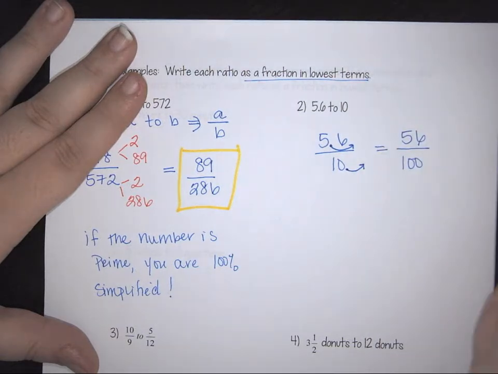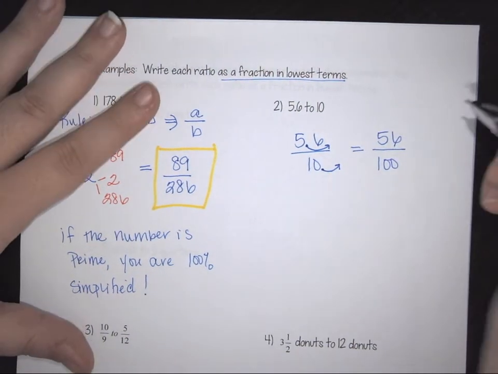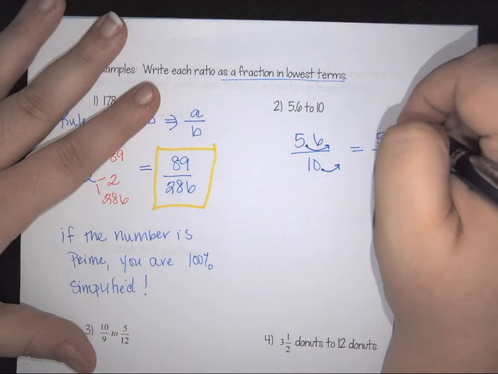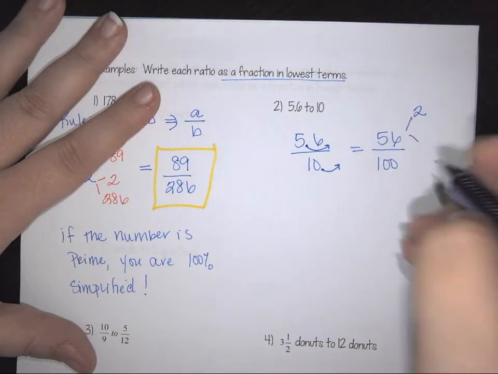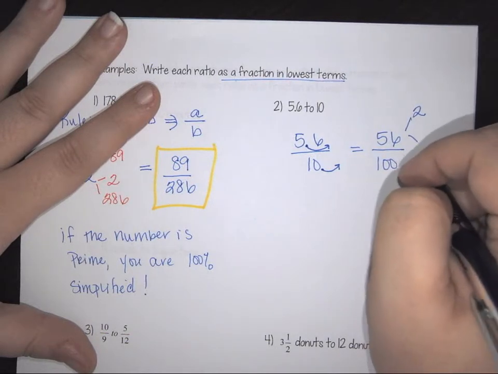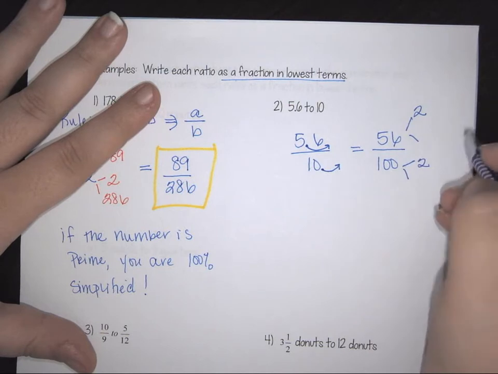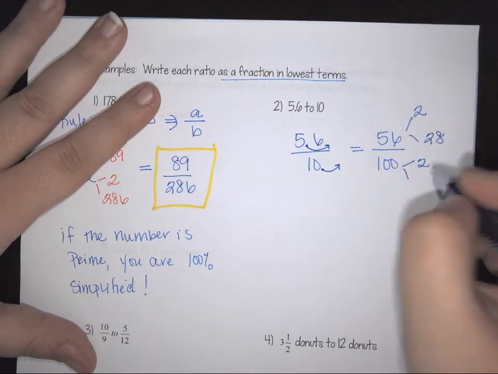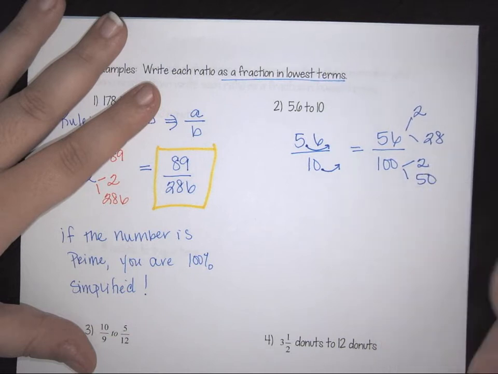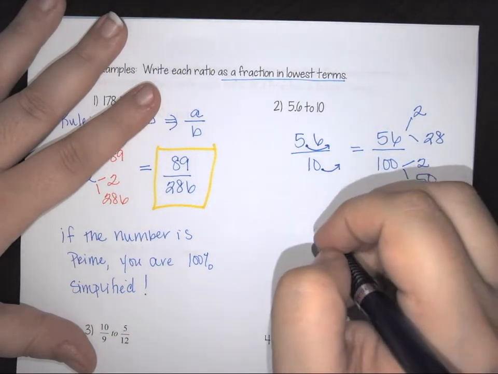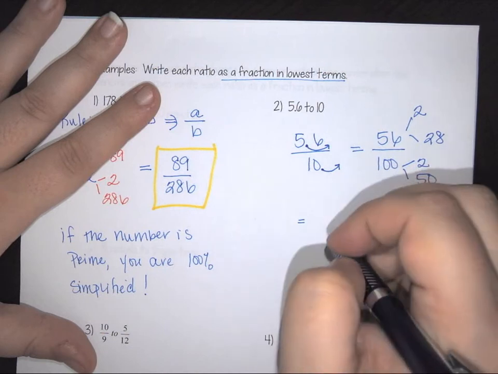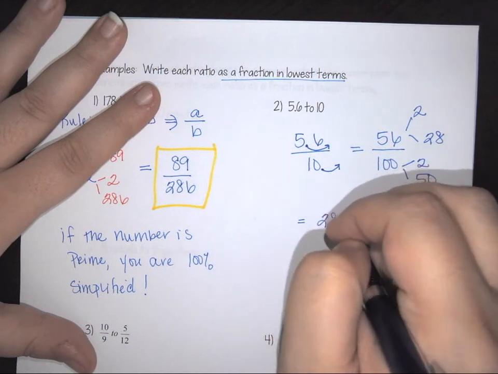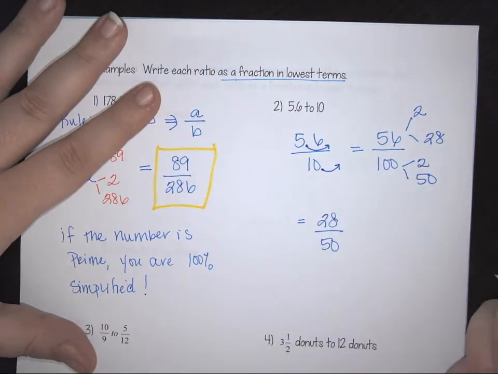100. Again, we know 56 is even, and so is 100, so very simply we can start by pulling a 2 out of both. When you pull it out of 56, you are left with 28. When you pull it out of 100, you're left with 50. So this is going to make my new fraction 28 over 50.